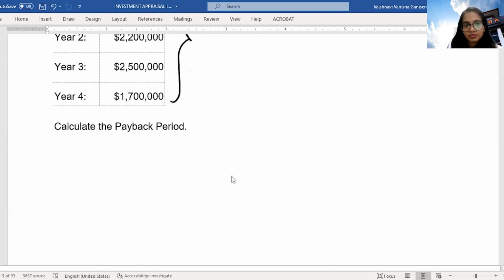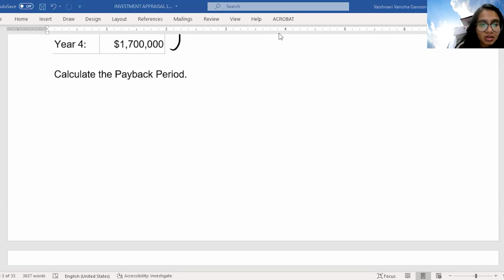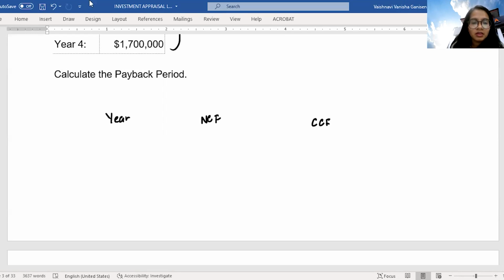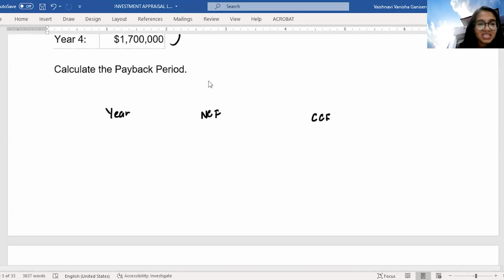To do this question, remember to draw the table with the columns year, net cash flow, and cumulative cash flow. Always start with year 0. I'm going to do it in thousands.